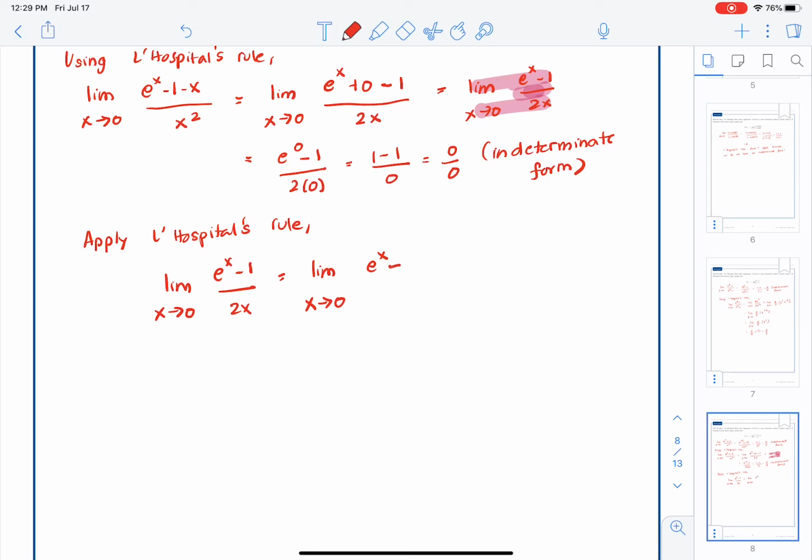Derivative of negative 1 is 0. Derivative of 2x is 2. Now apply the limit. We have e raised to 0 divided by 2, so 1 over 2. This implies the limit as x approaches 0 of e raised to x minus 1 minus x over x squared is simply 1/2.